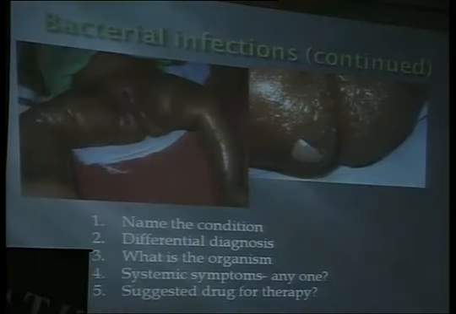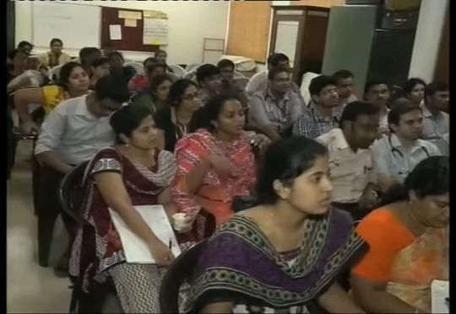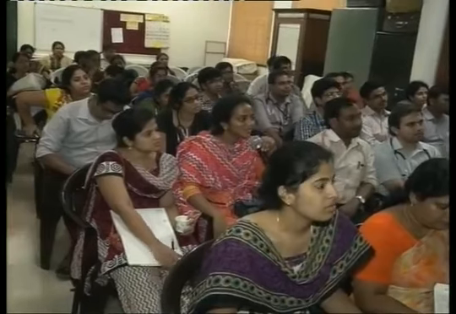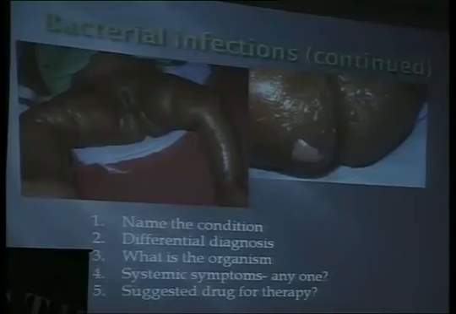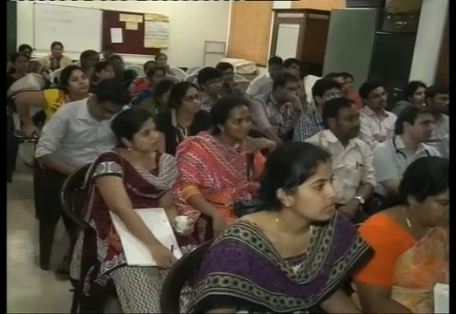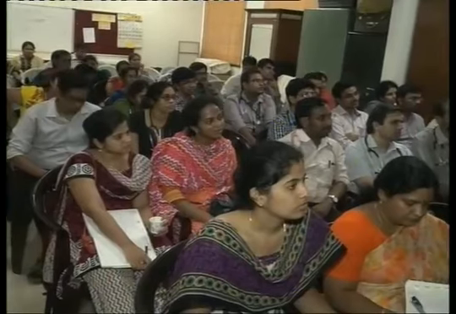Where do you see the skin lesions in hand, foot, mouth disease? On the palms and soles. And also in the buttocks. Buttocks. Where else? Oral itself. Any other place? Knee. So wherever there is mechanical friction like elbow, knee, buttocks.